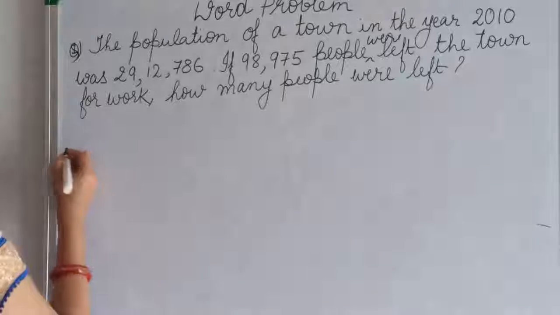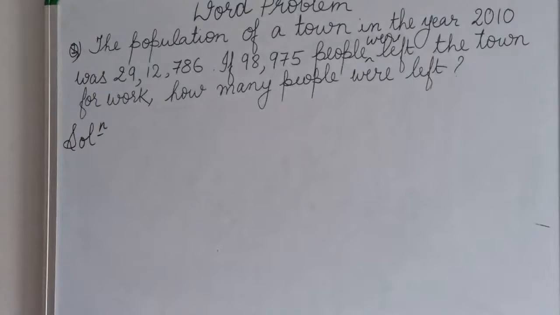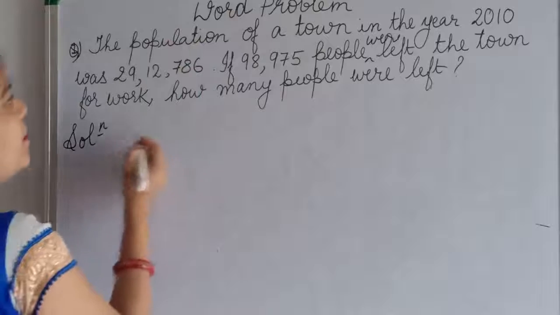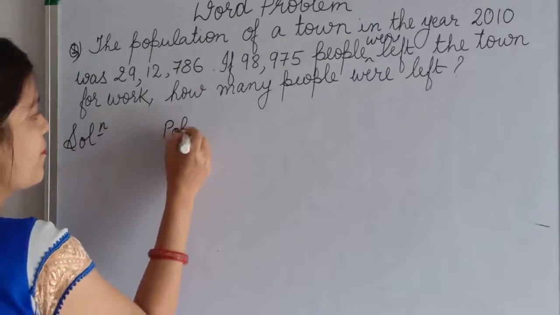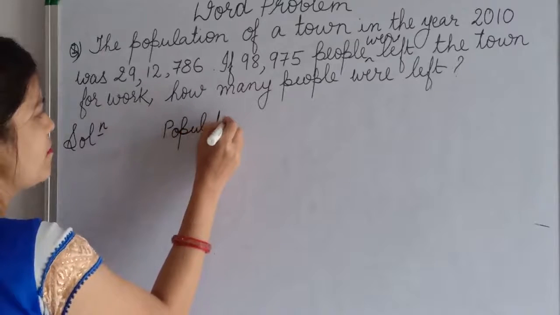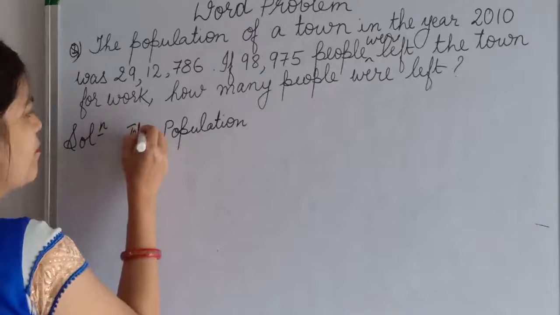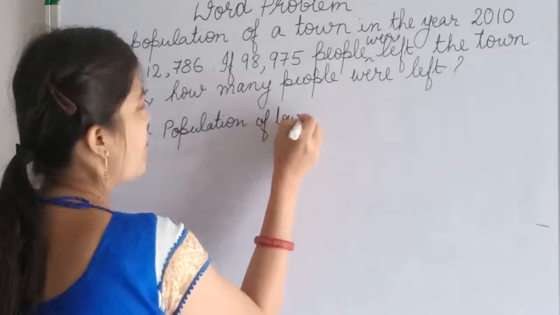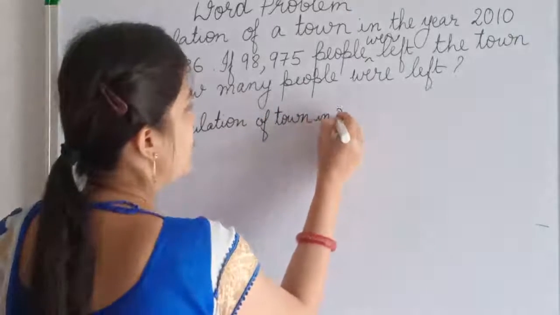First of all, with the statement, we have to do subtraction here. So whatever is written in the question, we will write the statement here. Total population of the town in 2010.